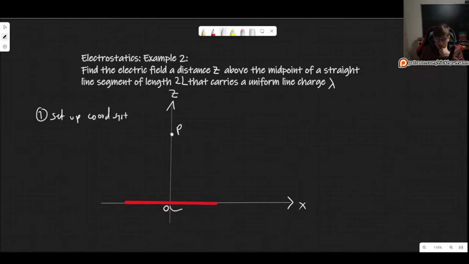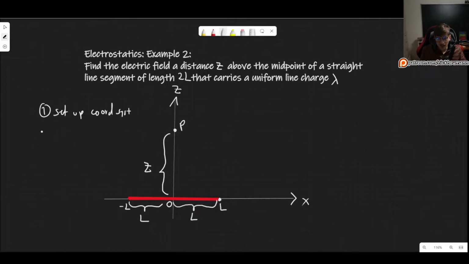In this choice of coordinates, one of the endpoints is located at L in the x direction, a distance L away, and the other at minus L in the negative x direction, a distance L away as well. And this right here is a distance z away in the z direction. Okay, so that is the geometric basis of what is going on.